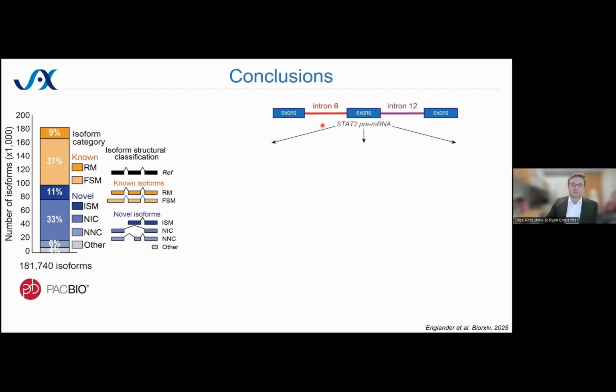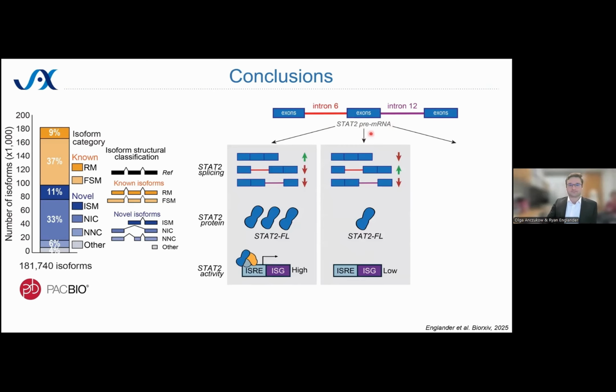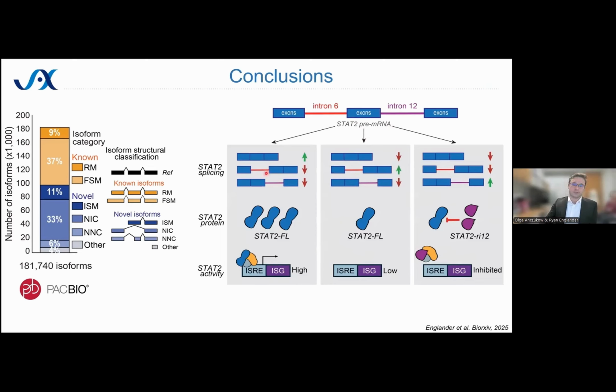So in particular, we found two retained introns, intron 6 and intron 12, in the interferon response gene STAT2. When both of these introns are spliced out of transcripts, you have productive splicing that allows the production of full-length functional STAT2 protein that actually facilitates responsiveness to interferon.